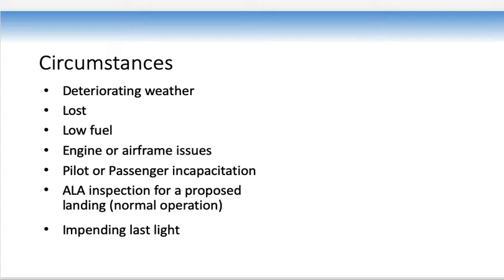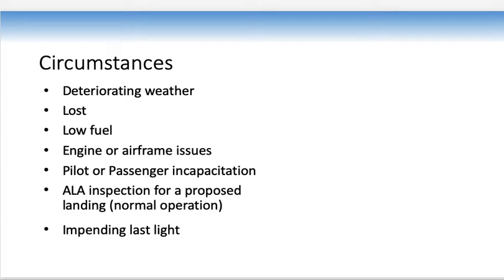You could have engine or airframe issues, things like rough running and high T's and P's. You could have a pilot or passenger incapacitation, and it might not necessarily be a passenger, it could even be you. There is also ALA inspection for proposed landings in normal operation, so it doesn't have to be an urgent situation.